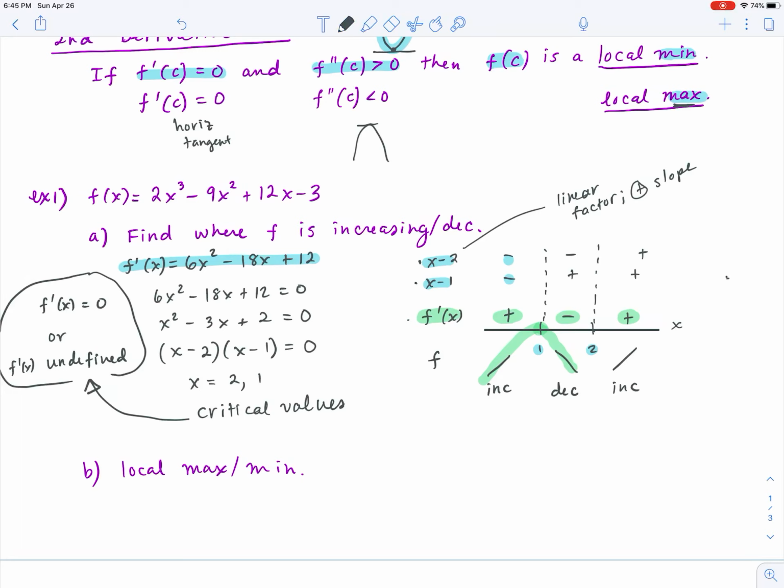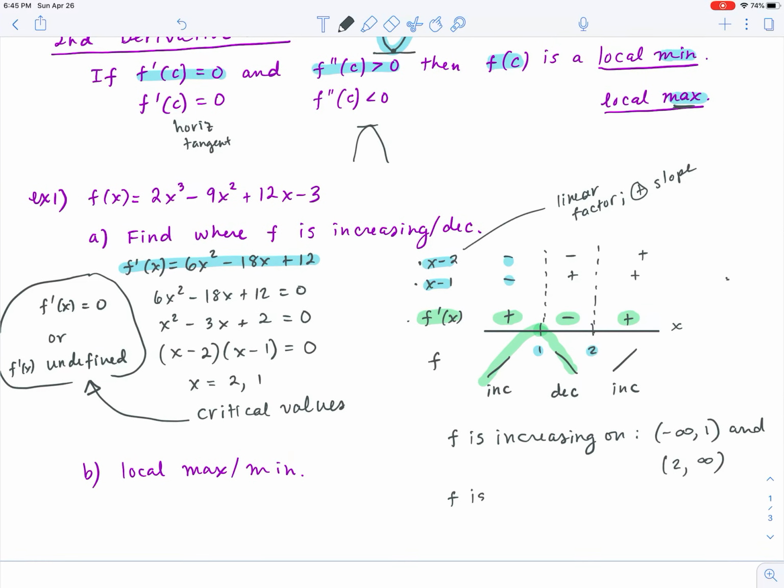But I wasn't asked that, so I'm not going to do that just yet. Where is f increasing and decreasing? I think we did answer that question, but let me write it up more formally. So f is increasing on the intervals from negative infinity to 1 and 2 to infinity.